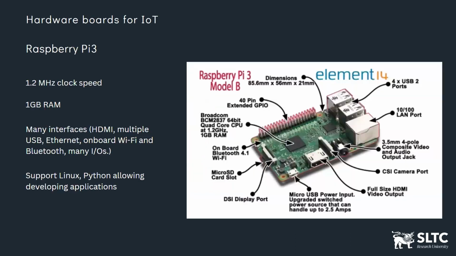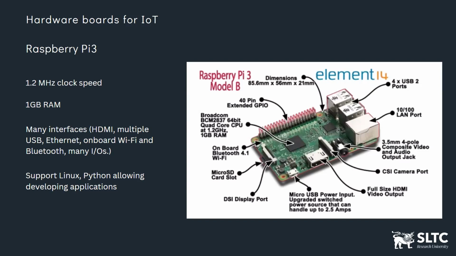And then when we talk about the Raspberry Pi, we have a more complex and more service-enabled microcontroller. So in here, we have multiple USB ports. We have 1 gigabit of RAM, and we have 1.2 megahertz of clock speed. So we can do a lot of storage.